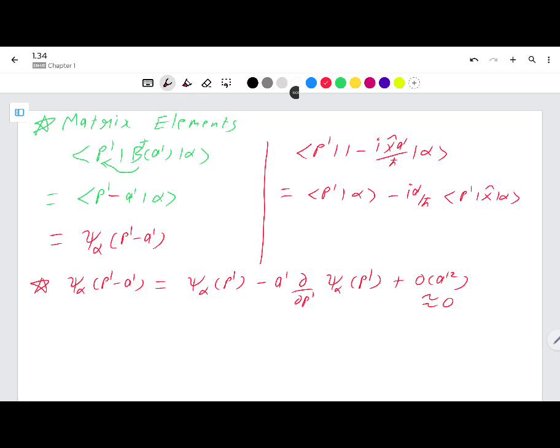Okay, so if we compare these two equations, that would give us what? Psi alpha P prime plus i A prime alpha.